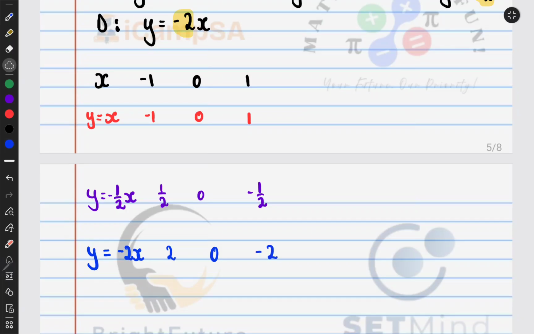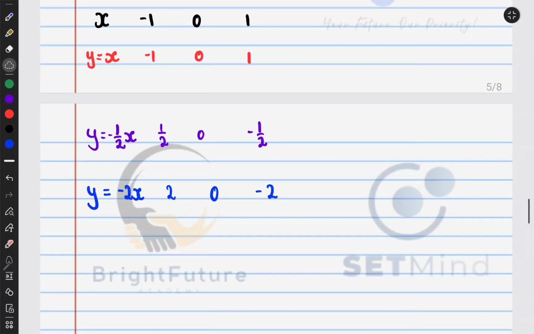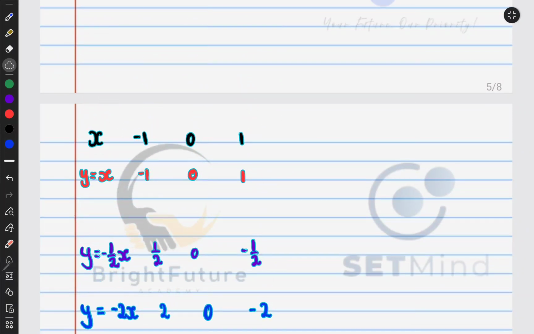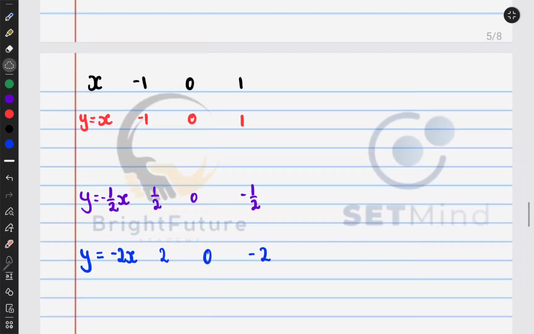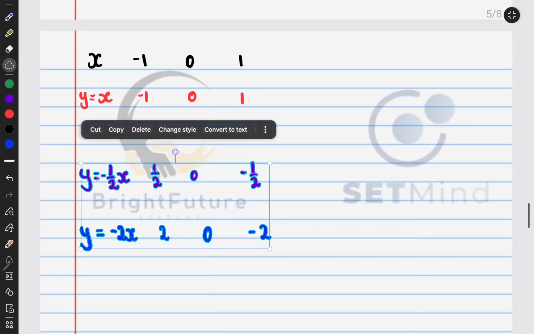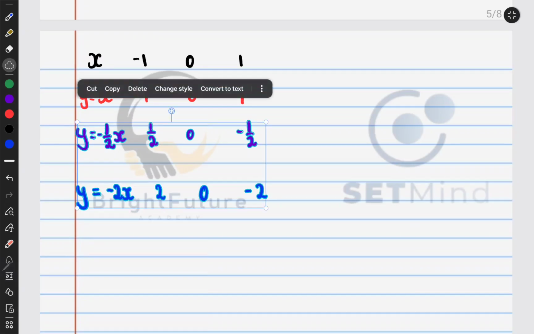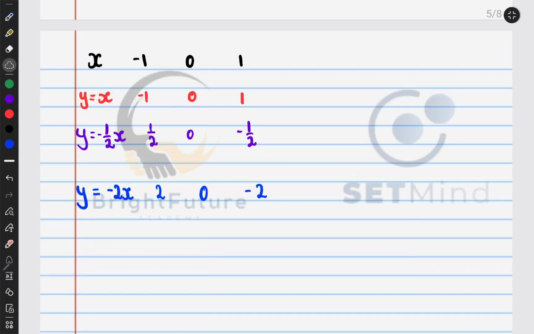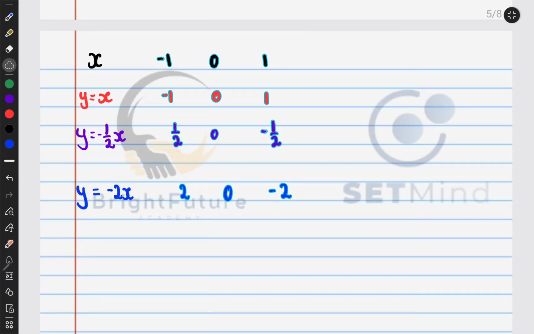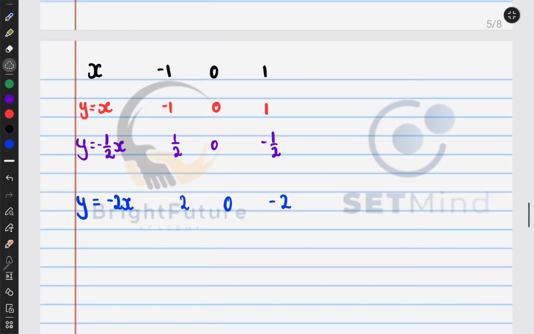Okay, let me try to bring this one down here. Since we now have the values, we just want to put them inside a table. And then we're going to sketch.